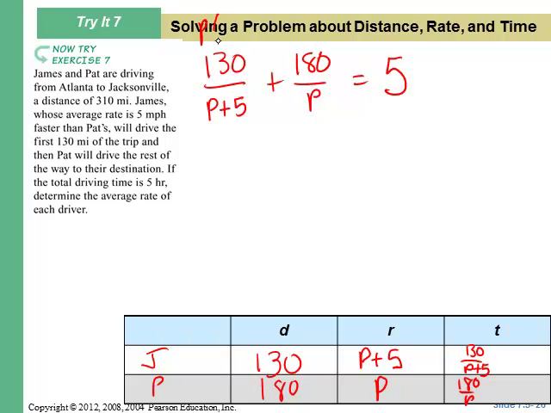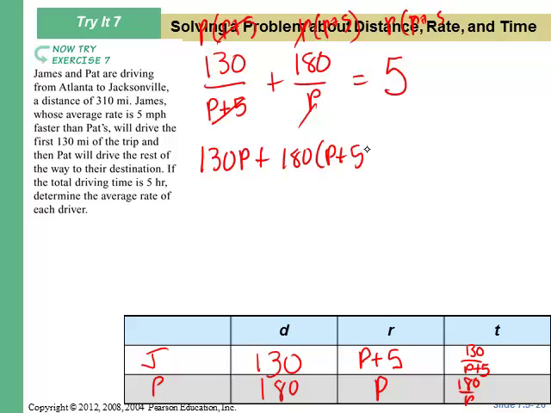Multiply everything by P times P plus 5. The P plus 5's cancel, so we have 130P. The P's cancel, so we have 180 times P plus 5 equals 5P squared plus 25P.